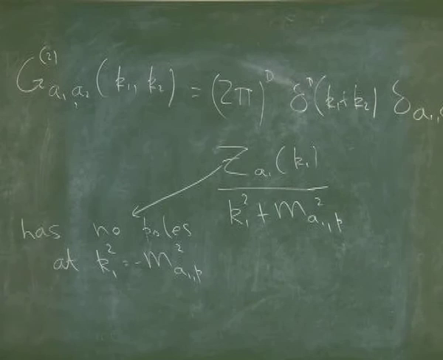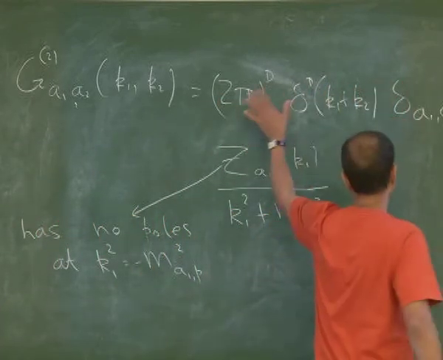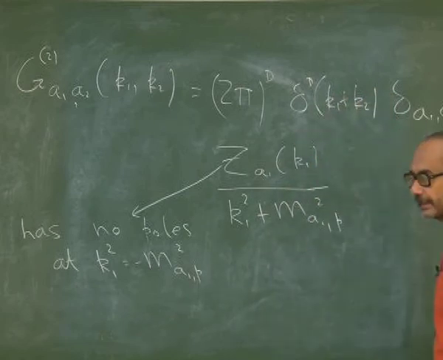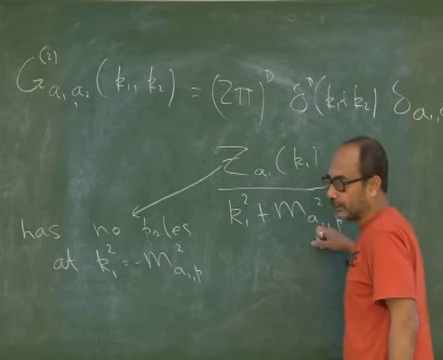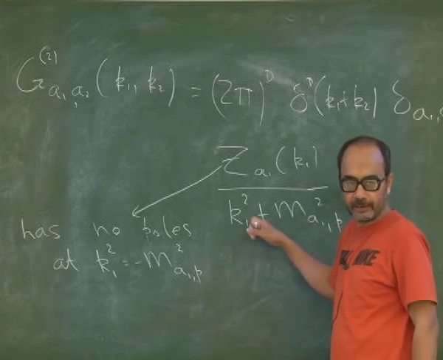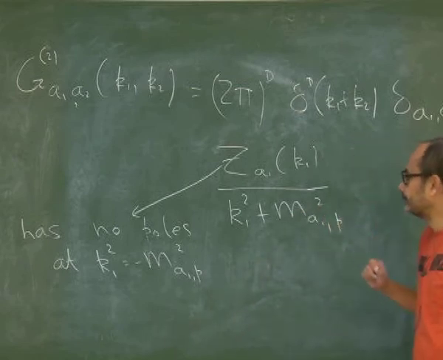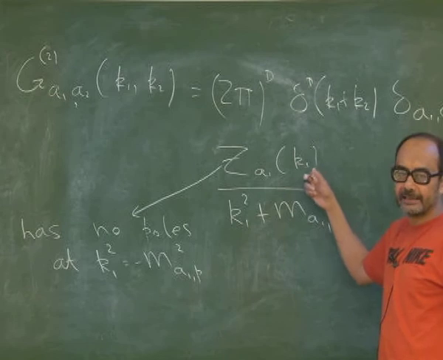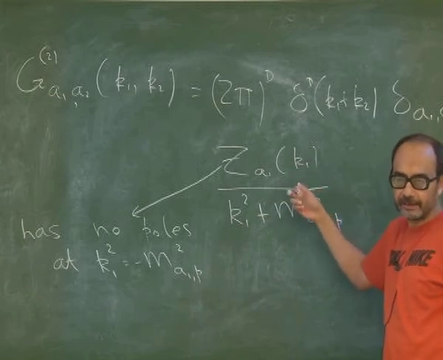After you have factored out this trivial factor, the kinetic part, m_a1^p is the location of the pole in the k1^2 plane, or minus k1^2. That defines m_a1^p, and Z in the denominator is essentially the residue near the pole.